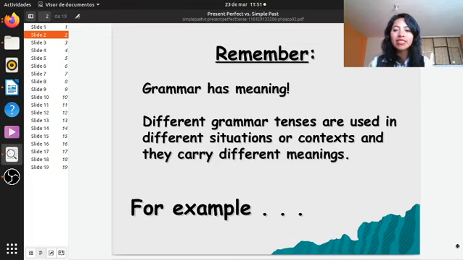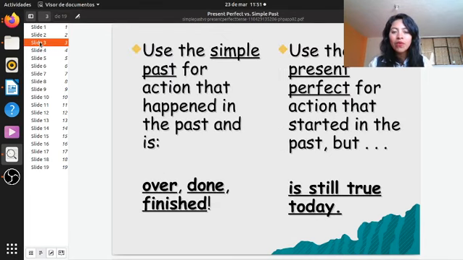Different grammar tenses are used in different situations or contexts and they carry different meanings, right? For example, we use simple past for actions that happened in the past and are finished, right? And we use present perfect for actions that start in the past but are still true today.